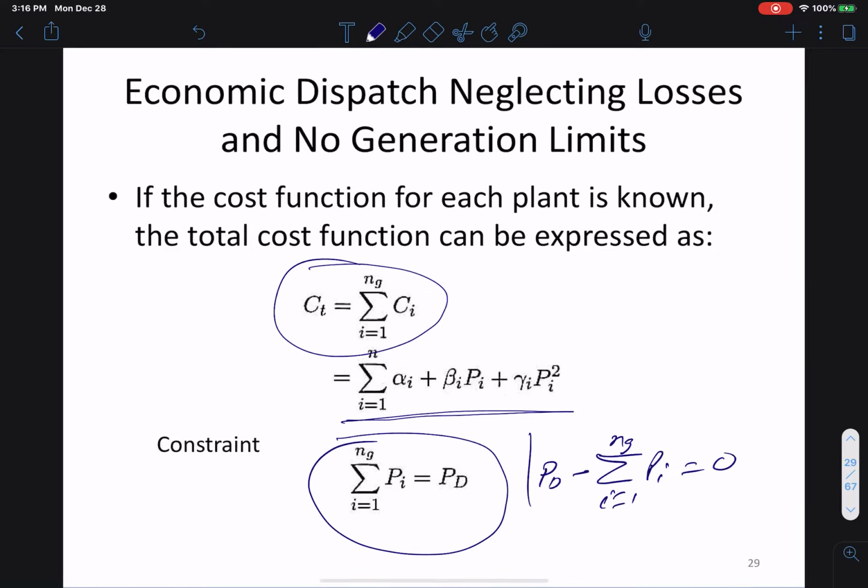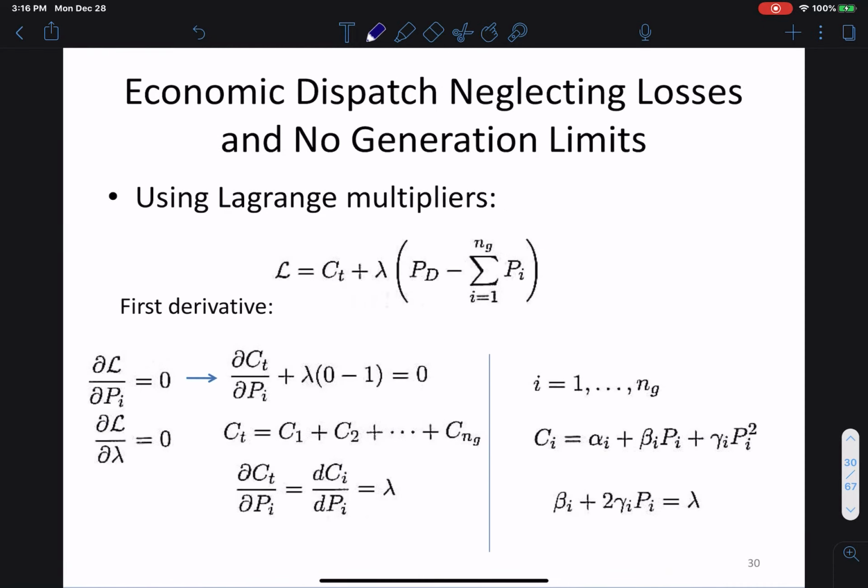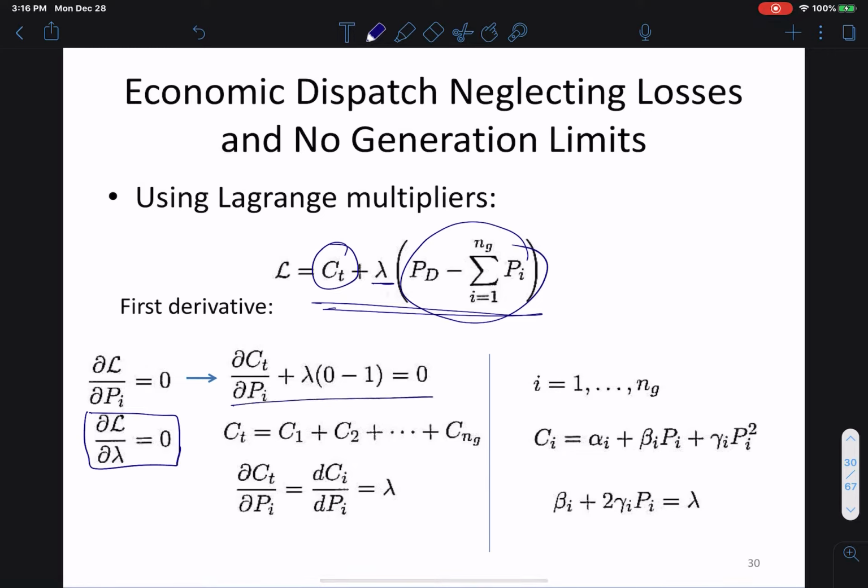That is also your equality constraint. Now, as you know, the Lagrange multiplier and the Lagrange function is a new function over here. This is the Lagrange multiplier, this is the equality constraint, and that's the function you're trying to optimize. Now, forget about this one for now. If I take the partial derivative with respect to Pi, this becomes this function.